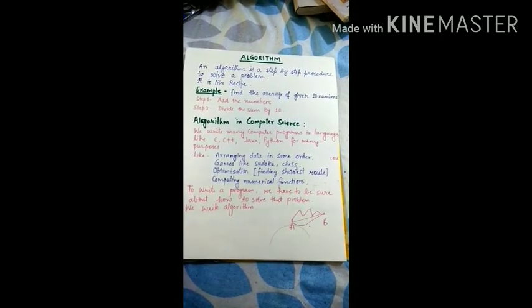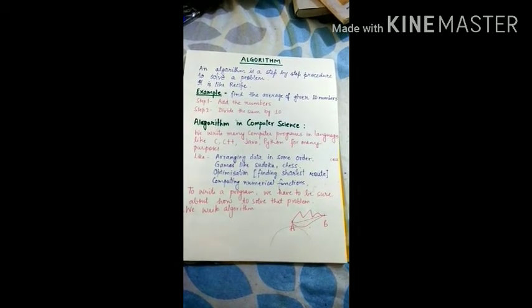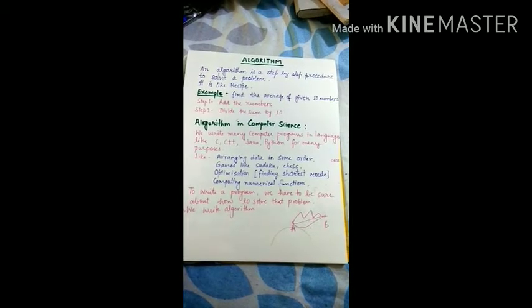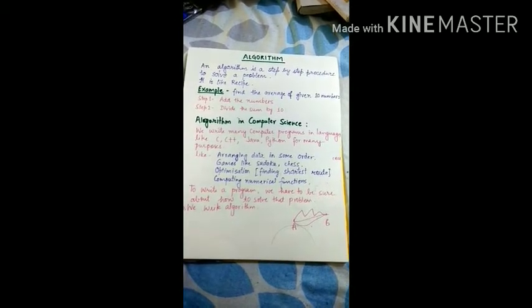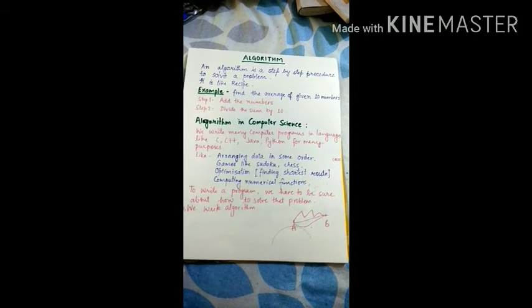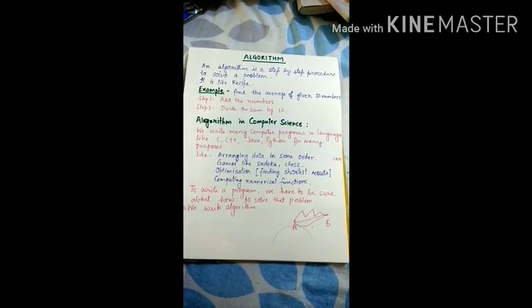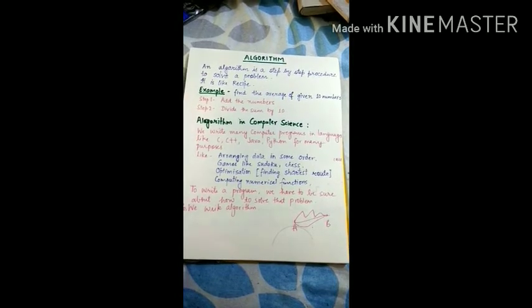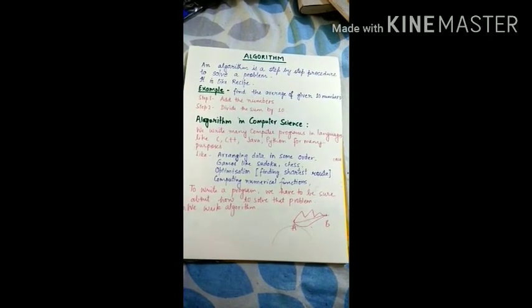So finding the shortest route is one example. You will write a computer program. For example, Google Maps tells us in real time which path will take us the shortest time to reach a particular destination. Now the next example: if you want to compute some numerical function, for example, there is a given number and you want to compute the square root of that number. For all these tasks, we do write computer programs.